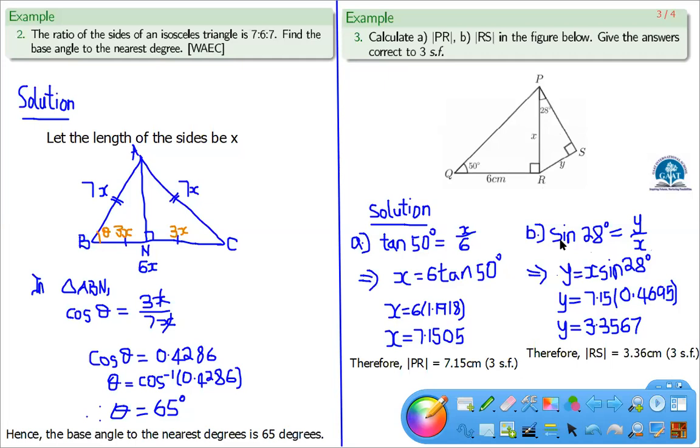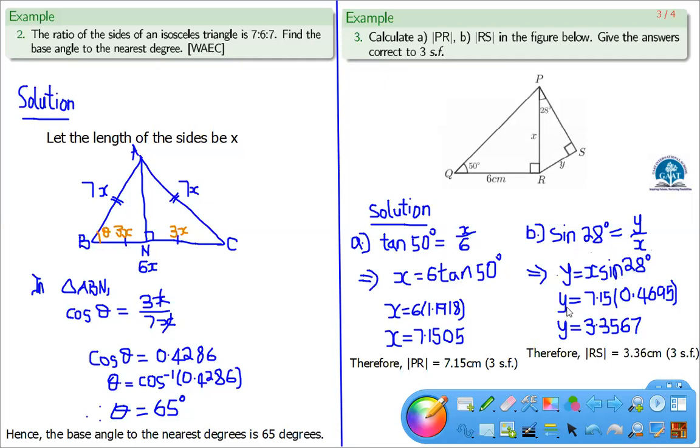So we have sine 28 degrees equals opposite, which is y, over hypotenuse x. When you make this over 1 and cross multiply, y times 1 is y, equals x times sine 28, which is x sine 28.